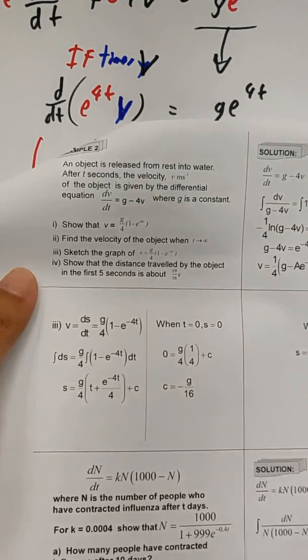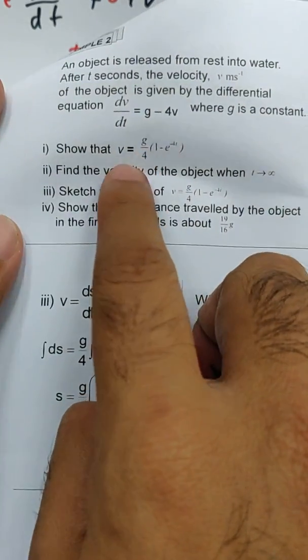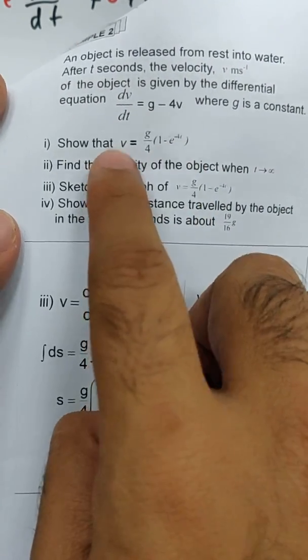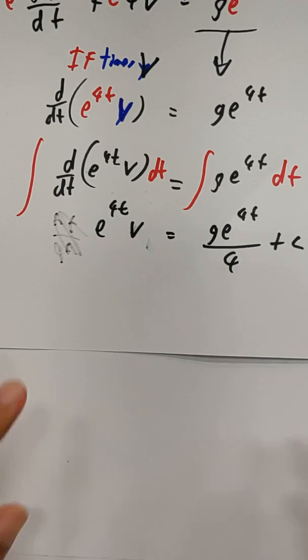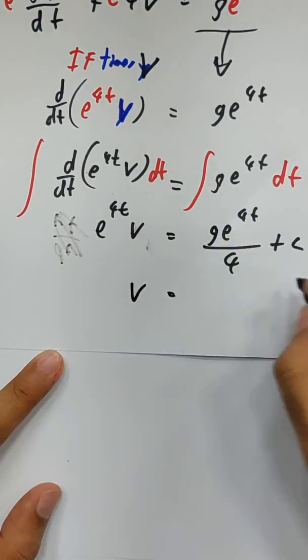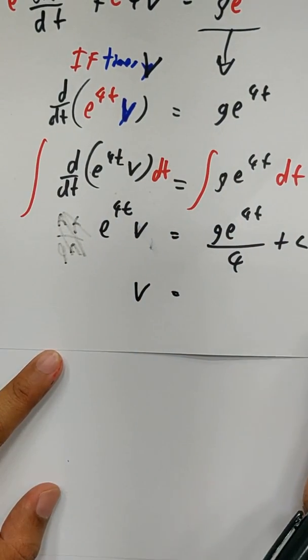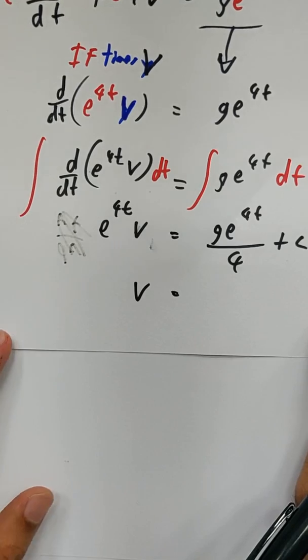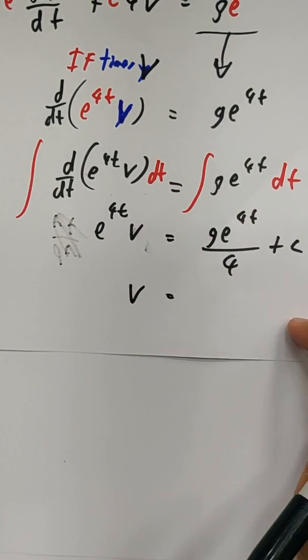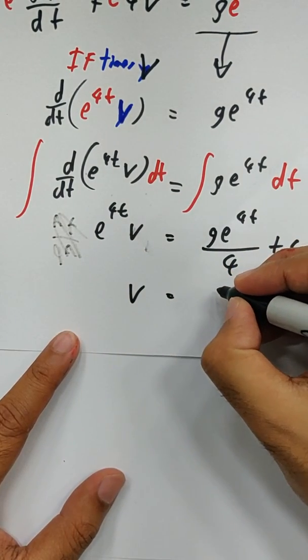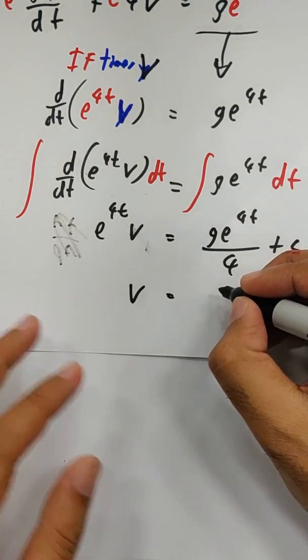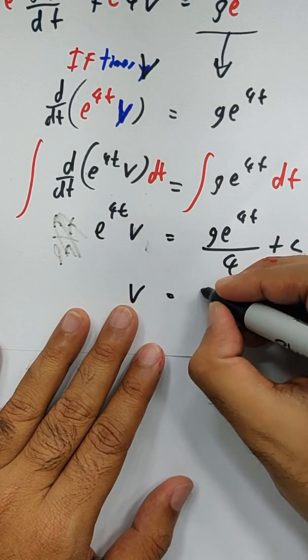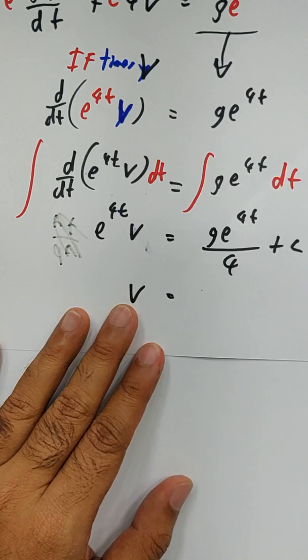But we haven't yet got the form they want. We want v alone. So bring the e^(4t) to that side. Let's go with this one first.